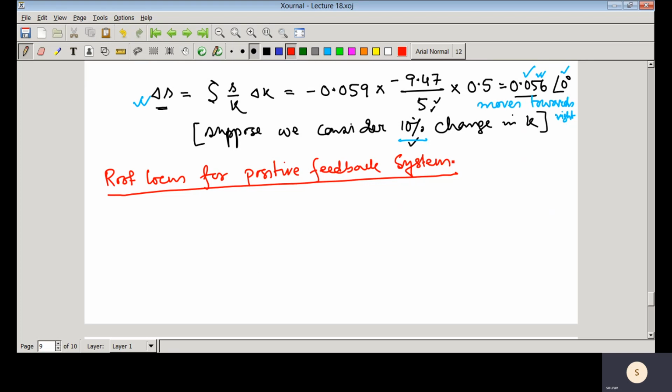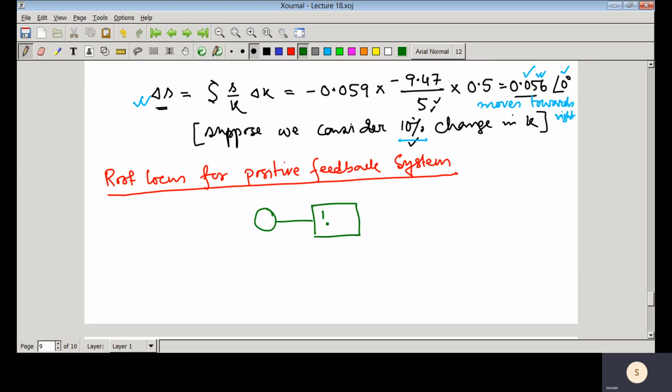Now I will just give you the idea of what the difference would be when we consider a positive feedback structure compared with the negative feedback structure that we have discussed so far.